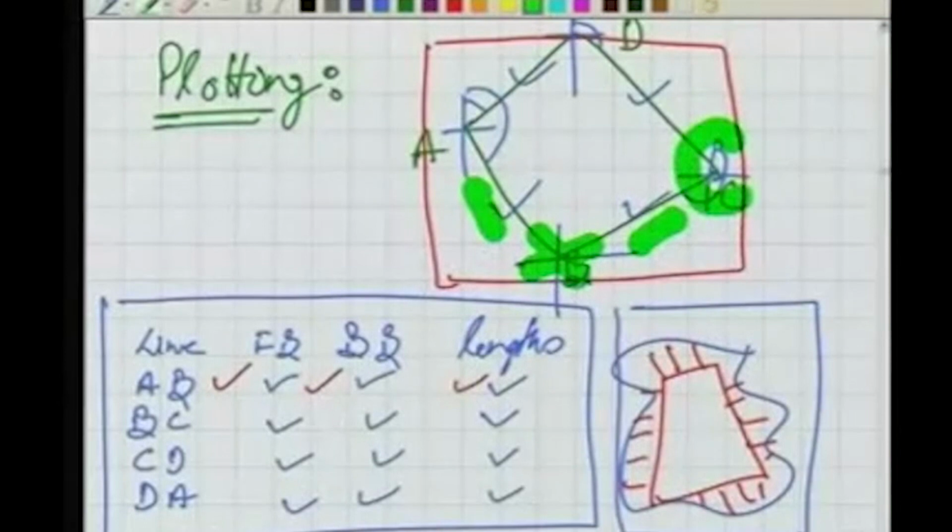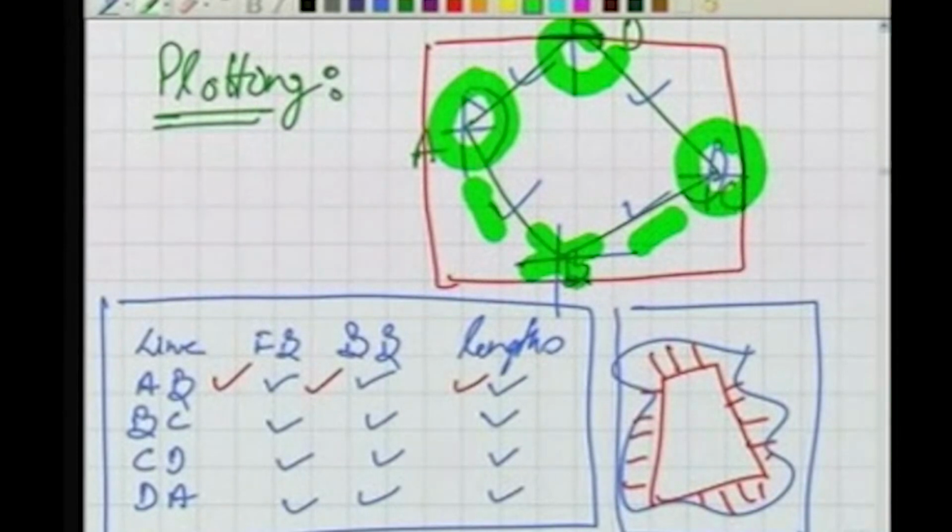While if the stations C, D and A are free from local attraction, the lines AD and DC will have the difference of back bearing and fore bearing equal to 180, or very near to 180 we can say.